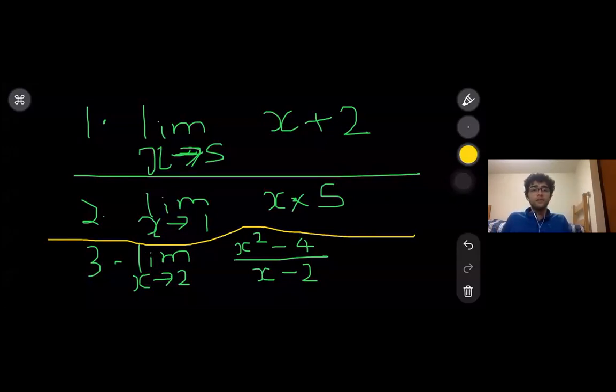I'm waiting for answers from the other people. Limit x tends to 5, x plus 2. What is x plus 2 as x approaches 5? No answers? Guys, what is 5 plus 2?